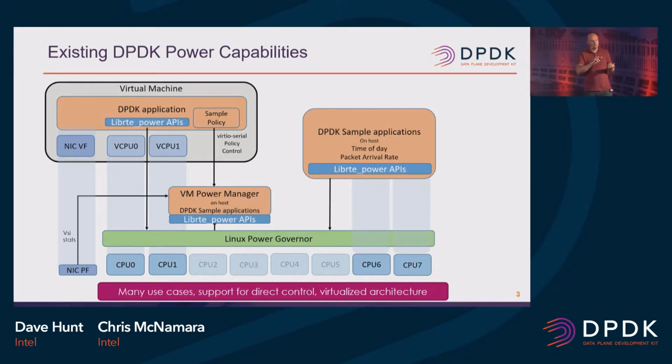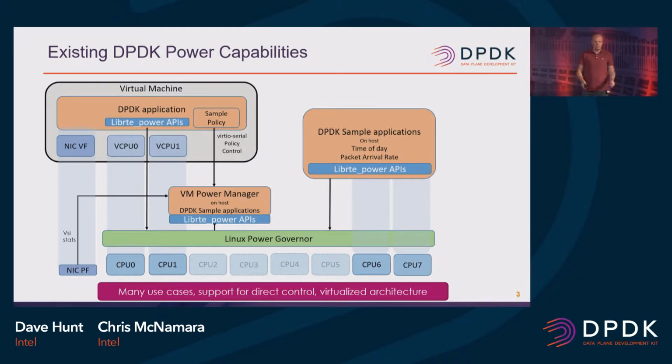What we've added over the years are the ability to scale frequency and to turn on turbo boost, and it provides those hooks to an application that requires a change of state. So as an example, if you're quiet at nighttime, your application has the ability to turn down the frequency and save energy and power. Or if you're busy, you can increase the frequency.